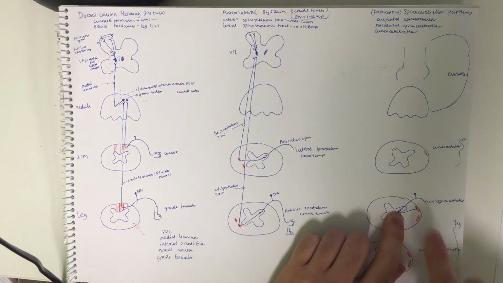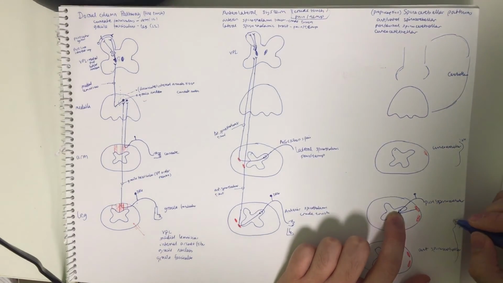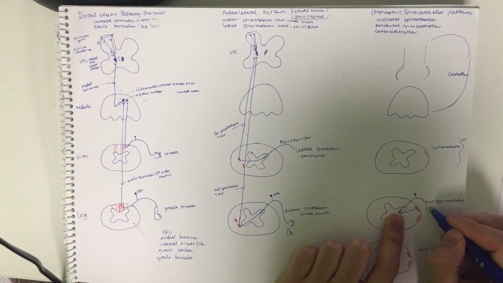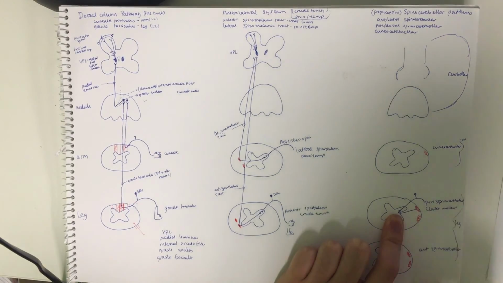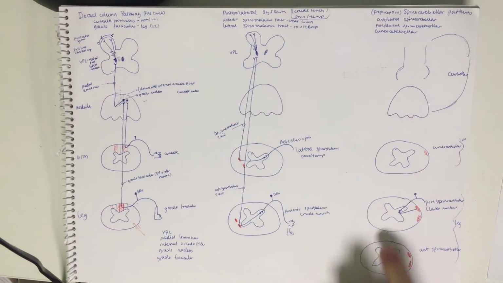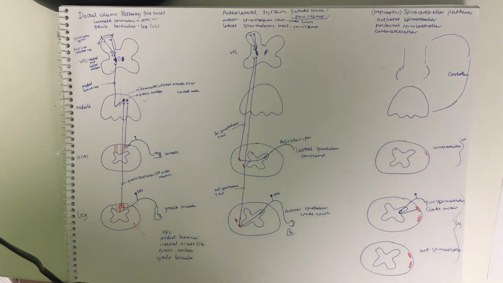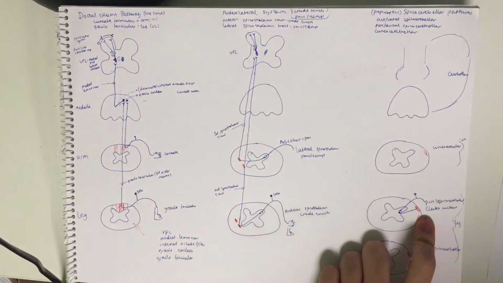What you need to know for this tract is that where it synapses has a special name. It's called the Clarke nucleus. The Clarke nucleus. That's just the name of it.